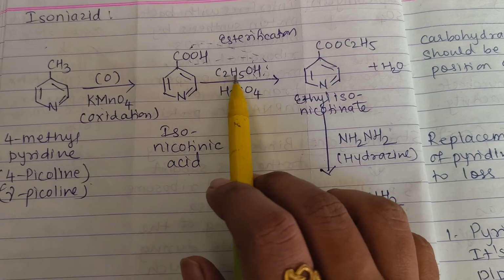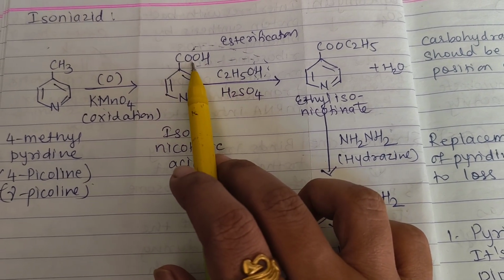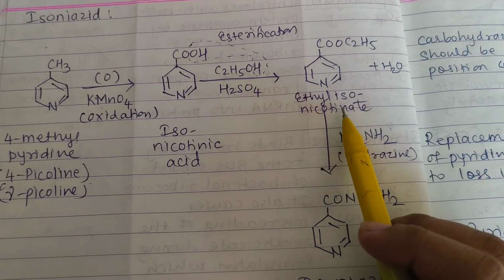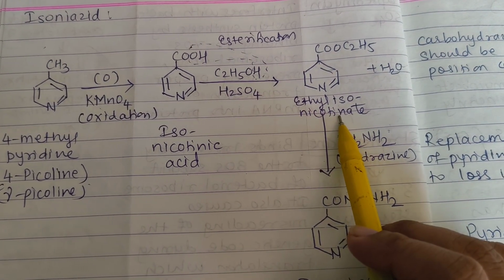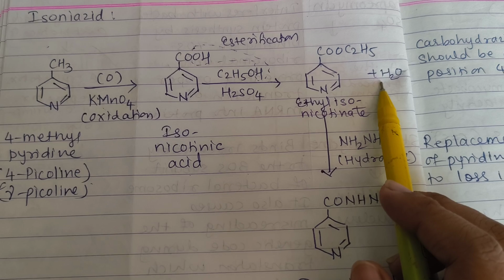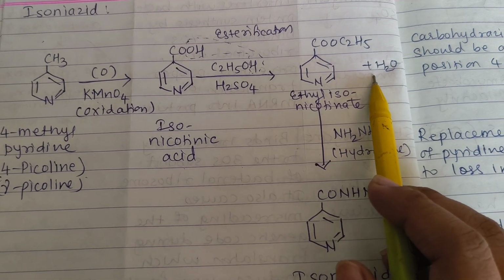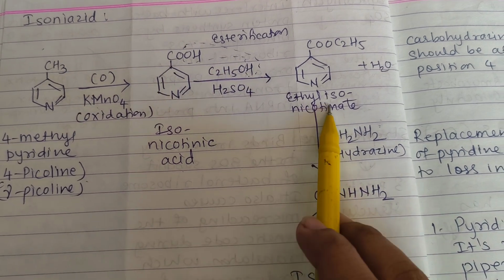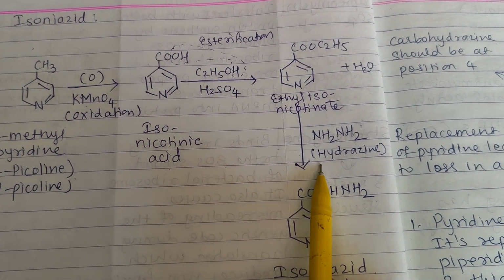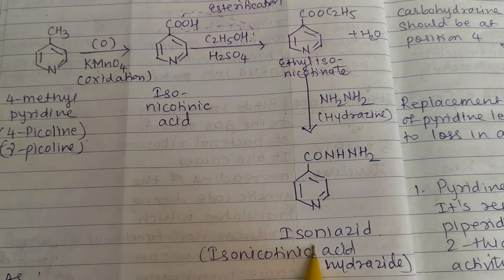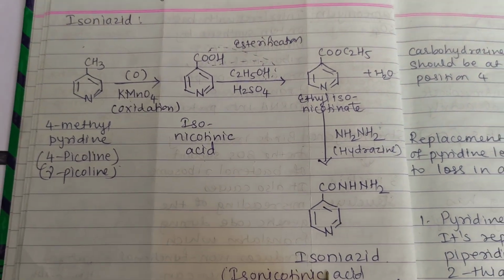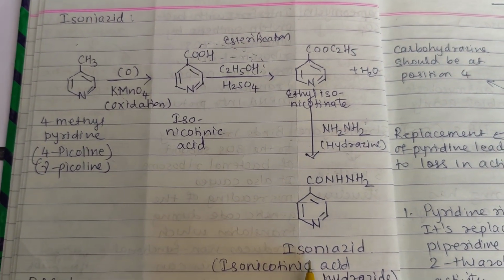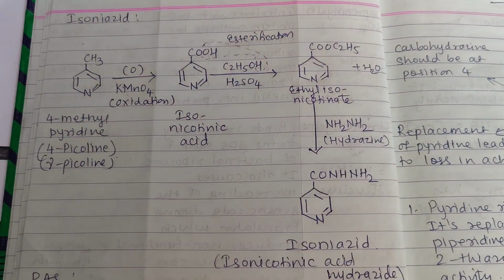You can see this C2H5 has got attached here and ethyl isonicotinate has been formed along with removal of a water molecule. So this is acid catalyzed esterification. Then addition of NH2 hydrazine will give us the product isoniazid. This is the synthesis scheme for isoniazid.